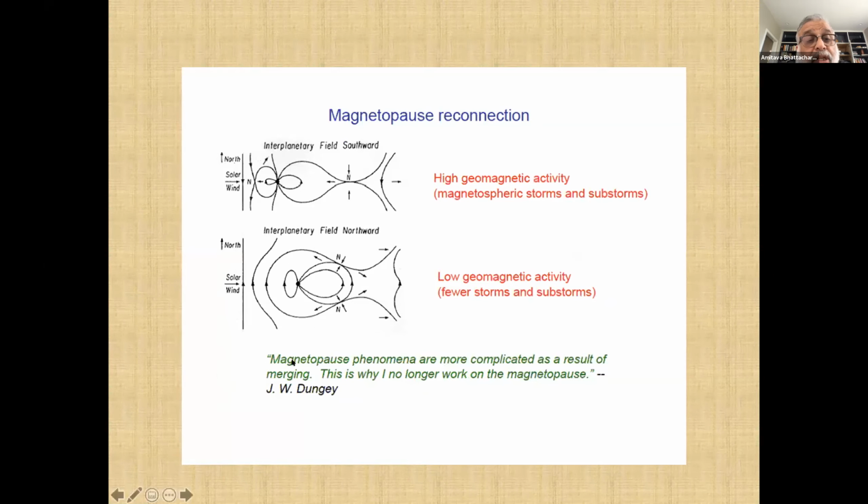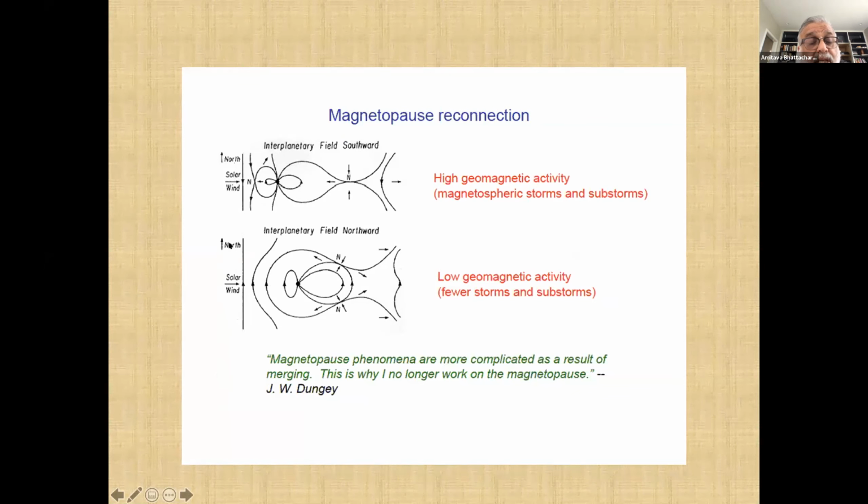And in fact, as you will hear in Professor Knipp's lecture tomorrow, you have times of very high geomagnetic activity, which have enormous implications for space weather, when the IMF is turning southward.